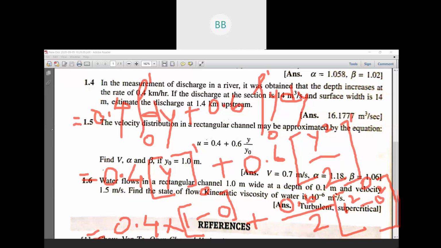So what is left is 0.4 plus 0.6 divided by 2.